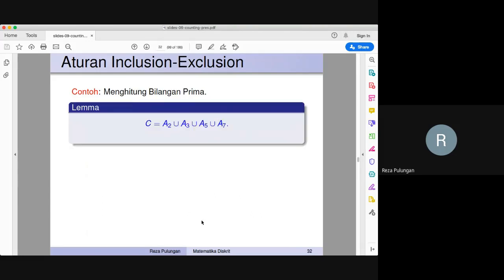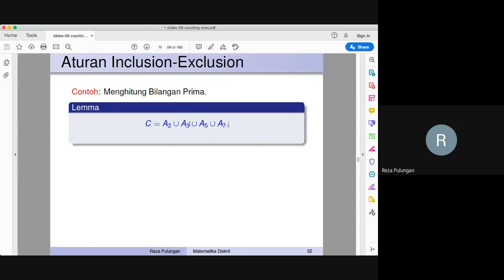Okay, let's continue. Then, our lemma is this one. C is equal to A2 union A3 union A5 union A7. Why is that? This has something to do with the number theory that we have seen before. We start from A2 because this is the multiples of 2, then multiples of 3.